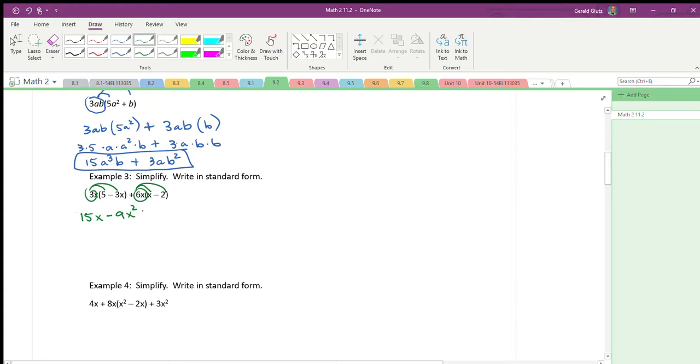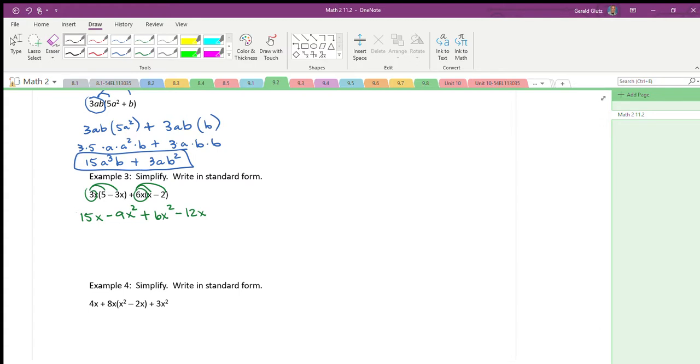And then I have a plus sign, so plus 6x times x, that's x squared, so 6x squared. 6x times negative 2: 6 times negative 2 is negative 12, so negative 12x.